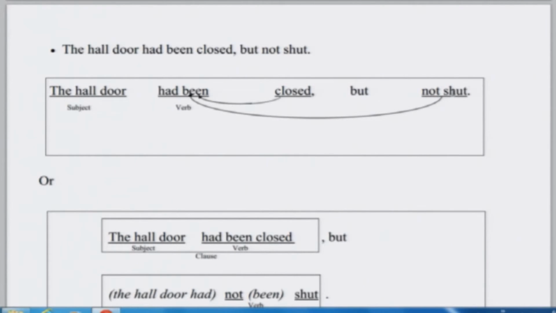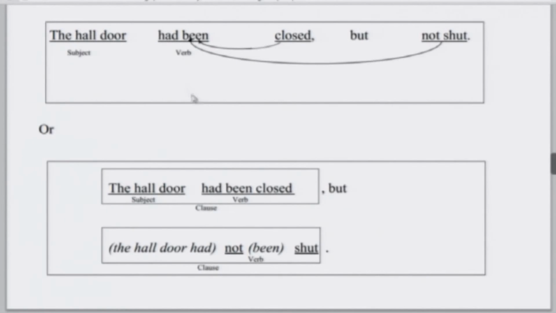Shut is also an adjective, not shut. And these two adjectives are connected through this connector but. So, these are qualifying this. In this case, they are with been, so not operating as adjectives, but you can say adverbs. Or alternatively, you can say that had been closed is our verb.